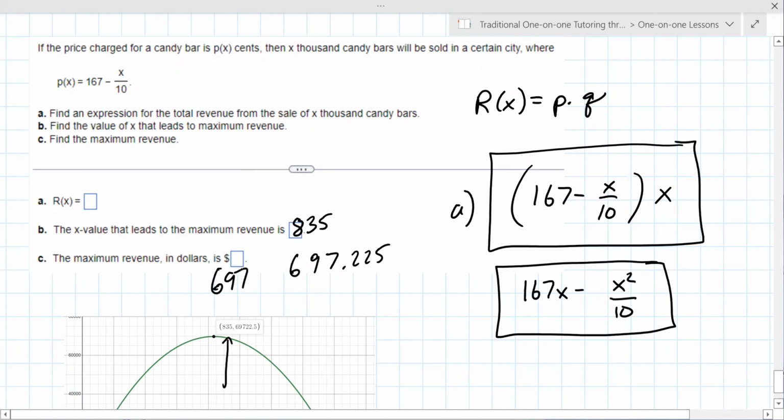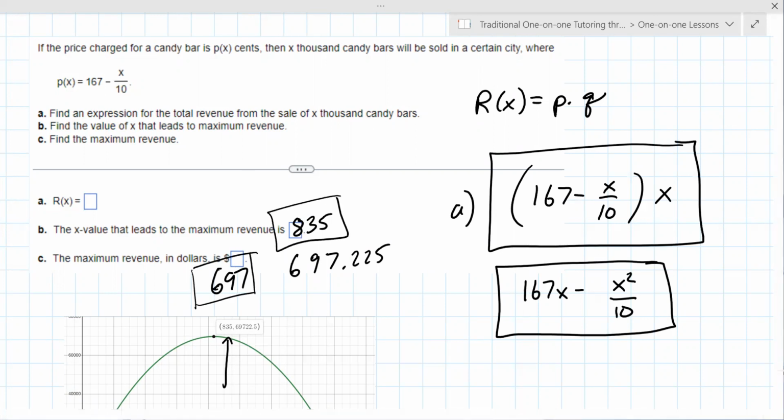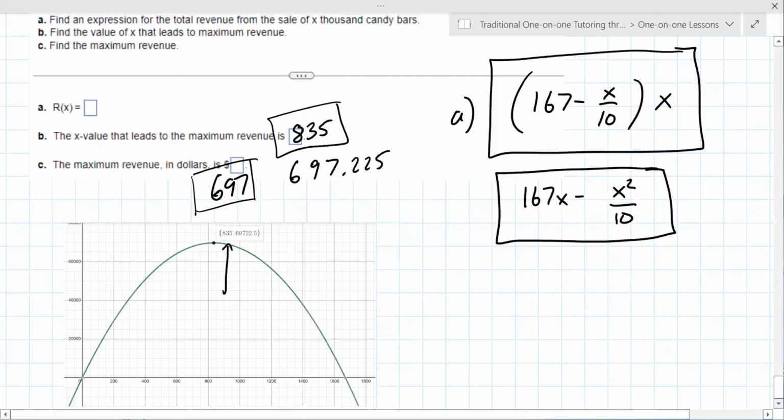I don't feel great about that, but because it doesn't say to round, you can go with that. Okay, let me keep going here so we can get through all this.